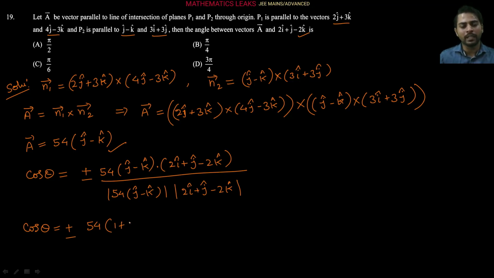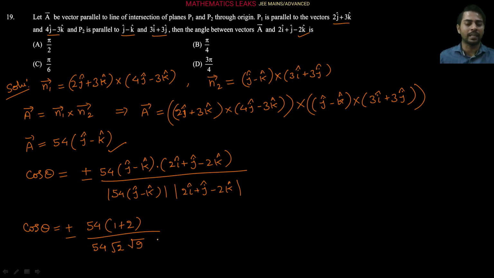And now on doing this simplification, 54 and then the magnitude of j cap minus k cap is root 2 and this one's magnitude is root over 2 square plus 1 square plus minus 2 whole square, so that is nothing but root over 9, or we can say 3 only.